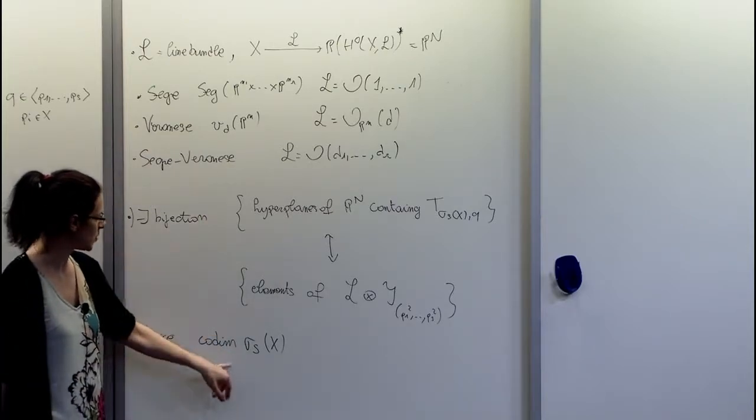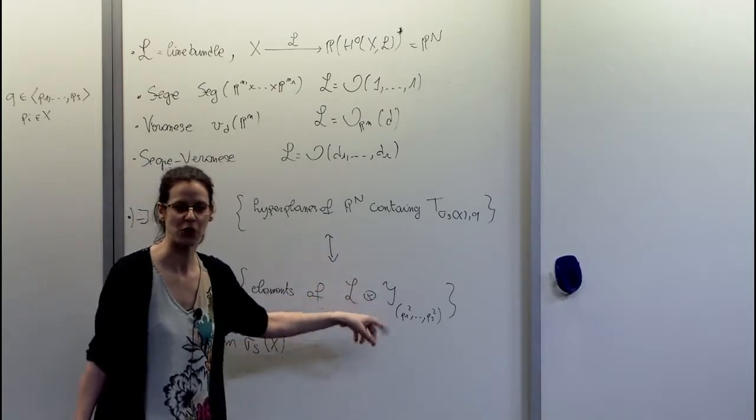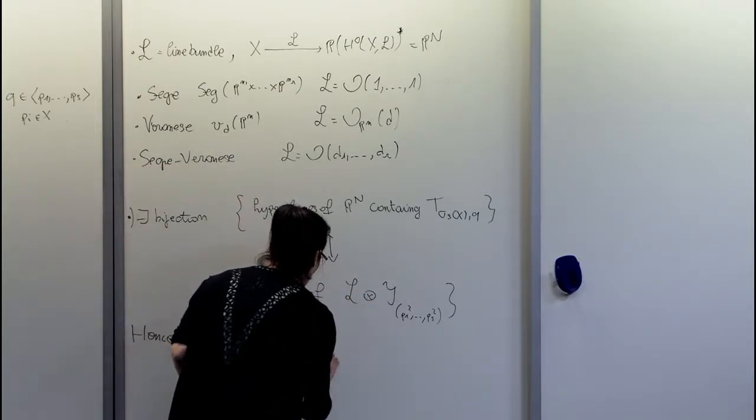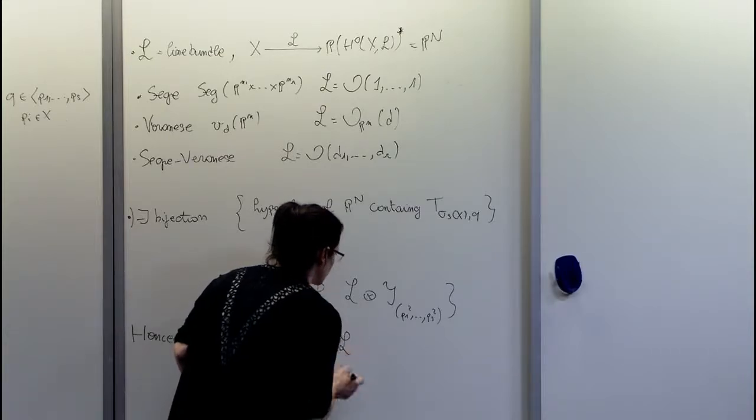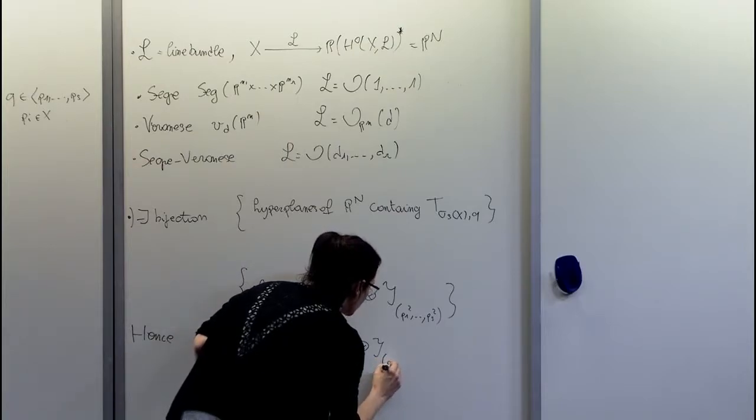So this tells me that the codimension of the secant variety is equal to the dimension of that linear system. So this is equal to the dimension of L twisted by I_{P1,...,Ps}^2.